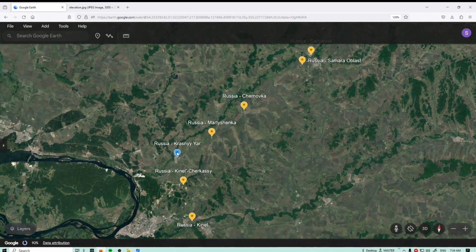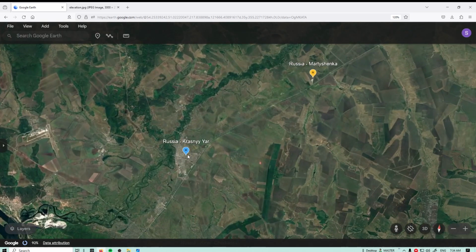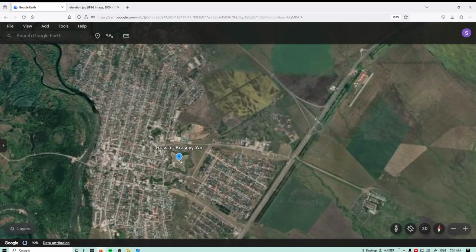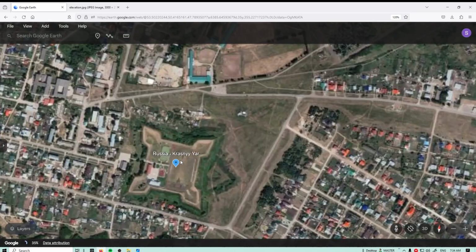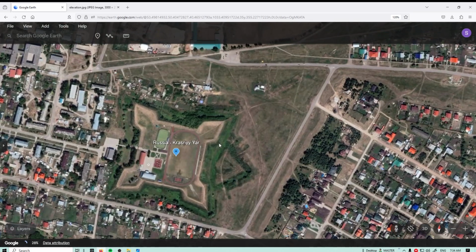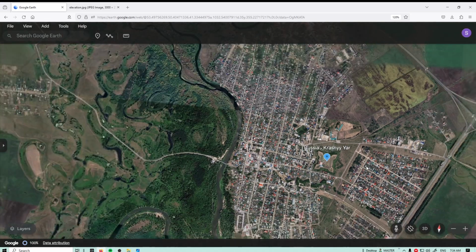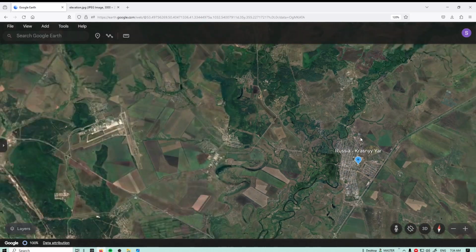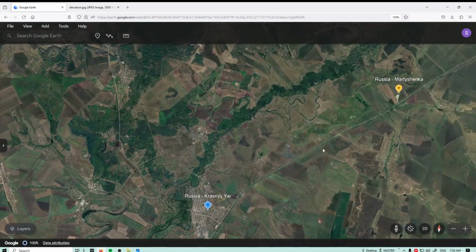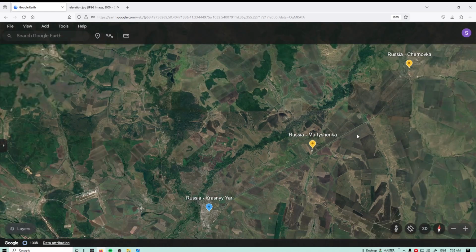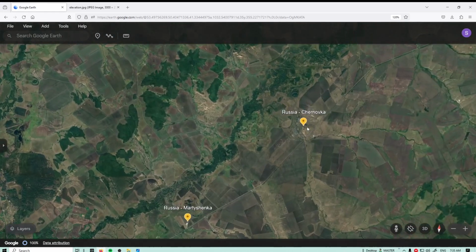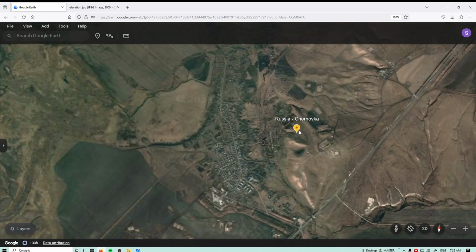Okay, final one here in Russia. Then we will move to another region. They're all pointing, like the big one is always pointing, which makes me think about the ground.